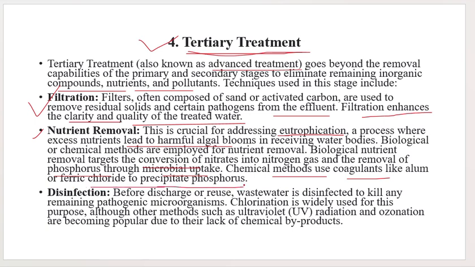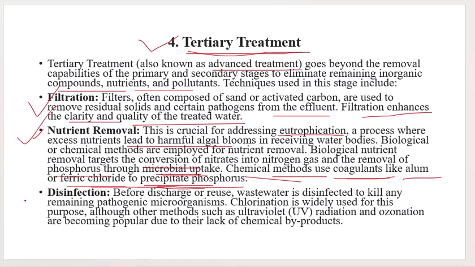If we do not want to use the microbial process, we can use a chemical method, such as coagulants. What the coagulant method means is that alum or ferric chloride will be added to the wastewater, and this alum and ferric chloride will help settle the nutrients to the bottom, to precipitate phosphorus. That way, phosphorus will be removed through the process of nutrient removal.